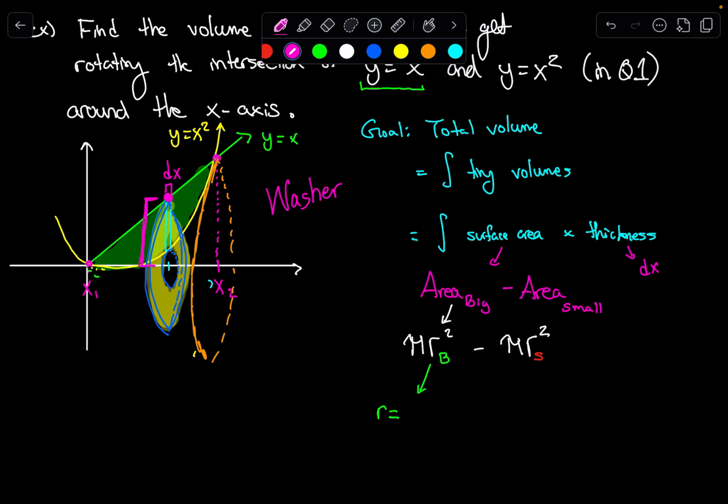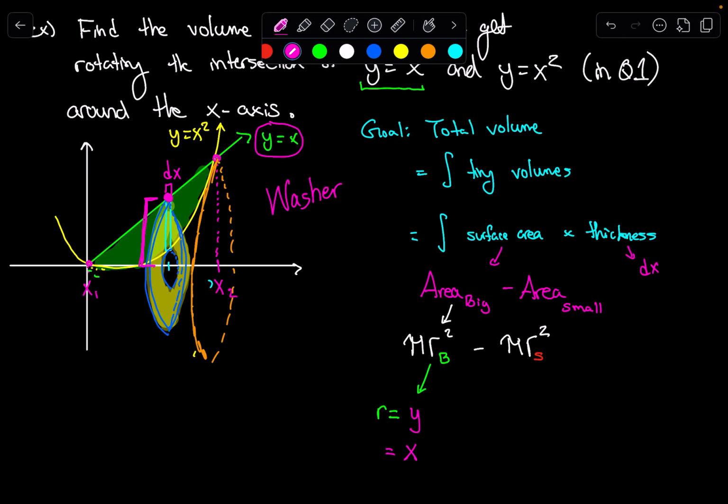And last time I checked, that's just going to be the y value of this outer circle. But because we're integrating with respect to x, we're going to punch that in. And since this graph is pretty easy, it's just y is equal to x. So the radius of our outside circle here is just equal to x.